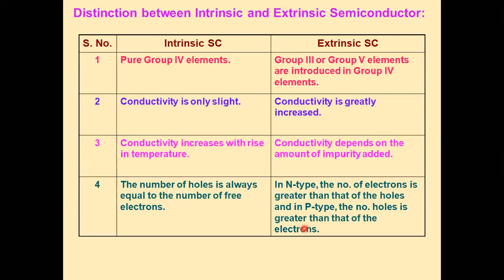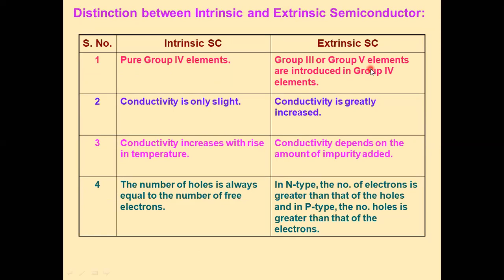To distinguish between intrinsic and extrinsic types of semiconductor, we need to understand the actual difference. The intrinsic type of semiconductor is a pure semiconductor, a pure tetravalent element.